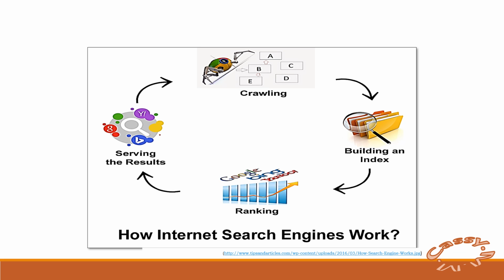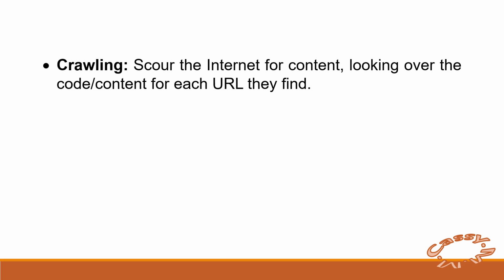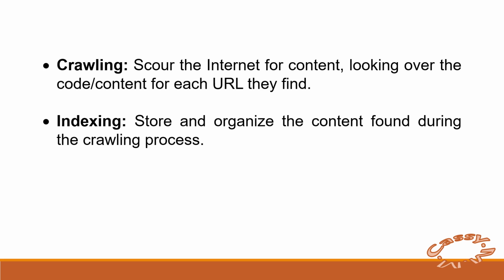This graphic shows how the Internet works. Crawling: scour the Internet for content, looking over the code and content for each URL they find. Indexing: store and organize the content found during the crawling process.